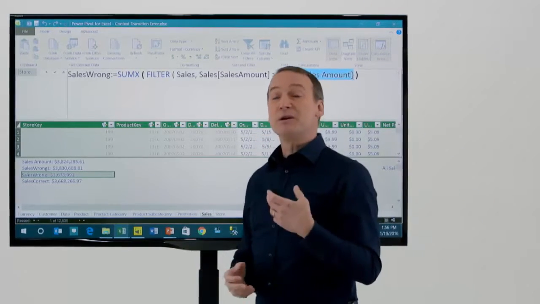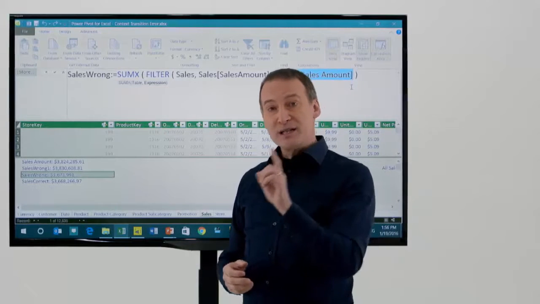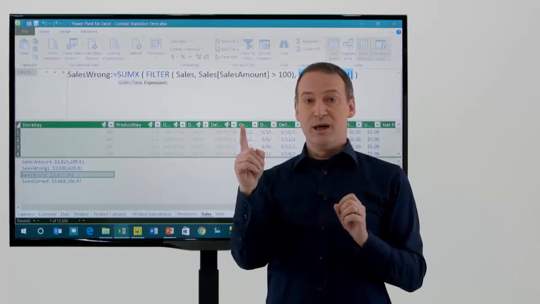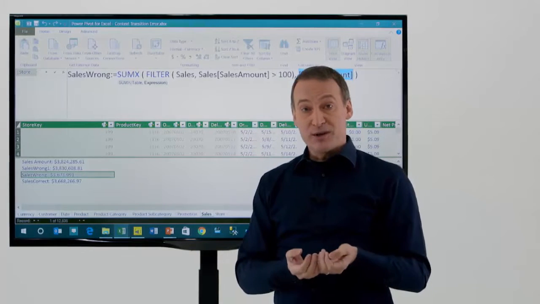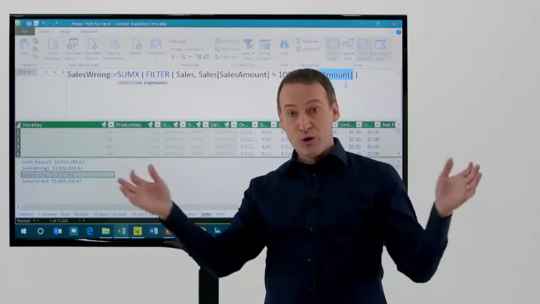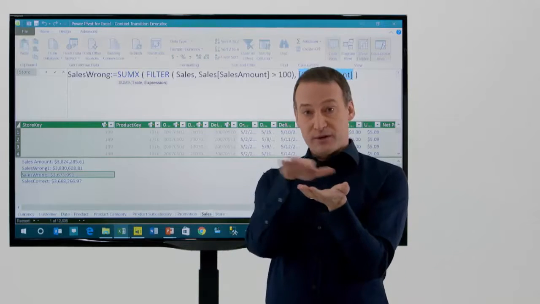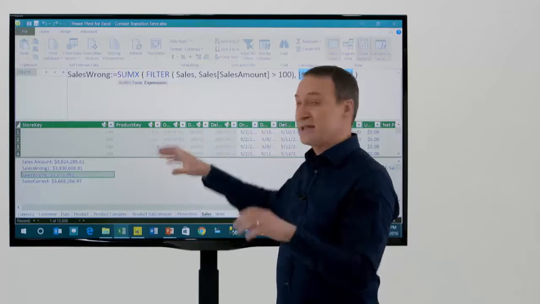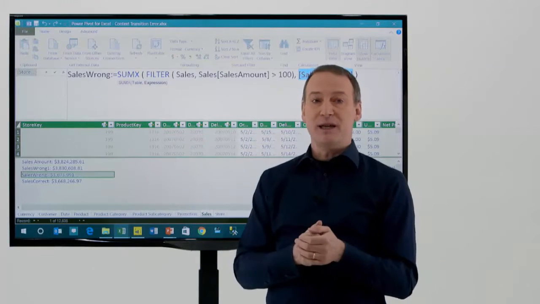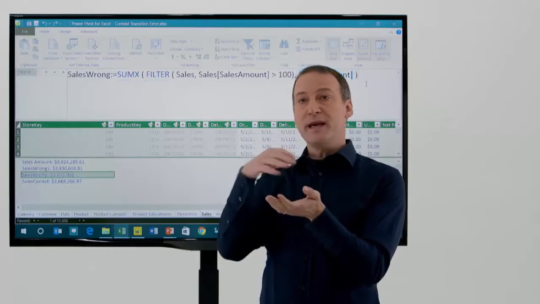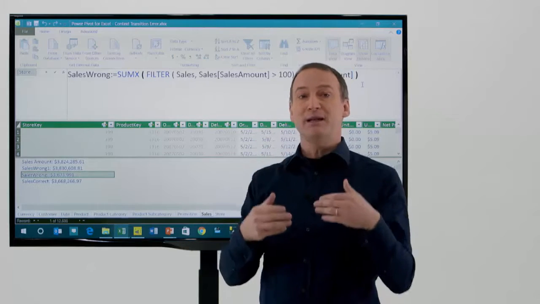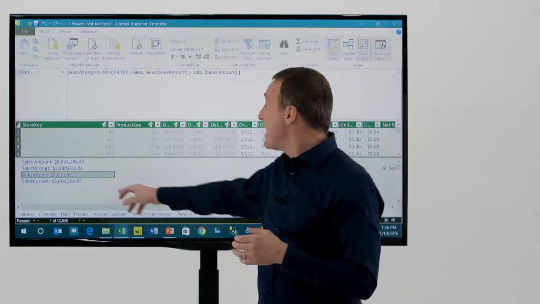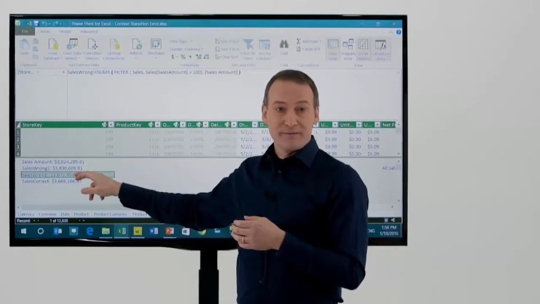Invoking the measure, it performs context transition, but context transition will not generate a filter context containing one row, but it generates a filter context containing all the rows which are identical to the given row. And if you have duplicates, and duplicates happen very frequently in fact tables, then all those duplicates will be counted many, many times, once for each version of the duplicate. And so the numbers you will see are wrong.